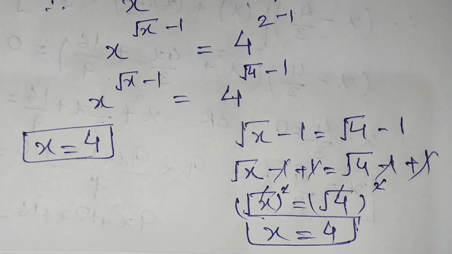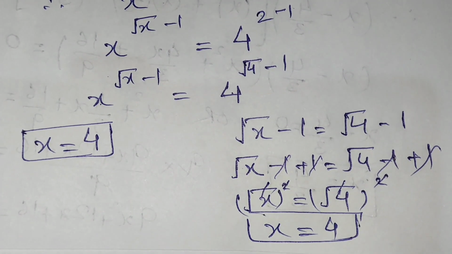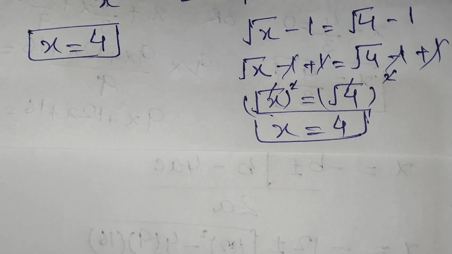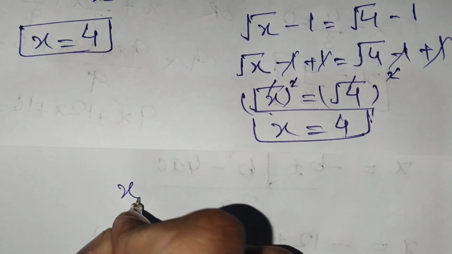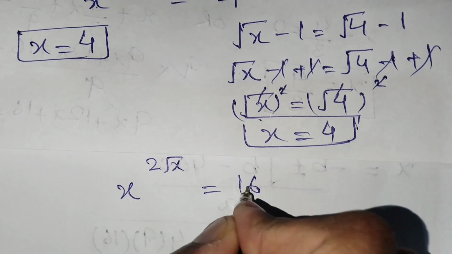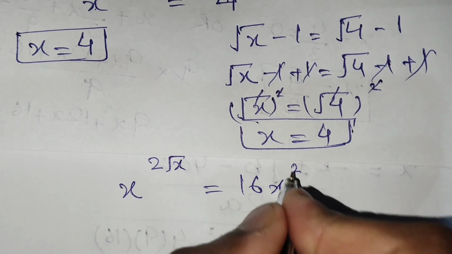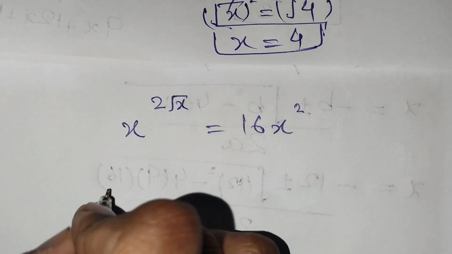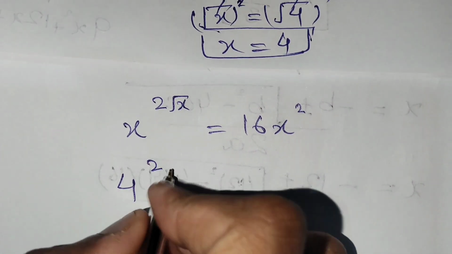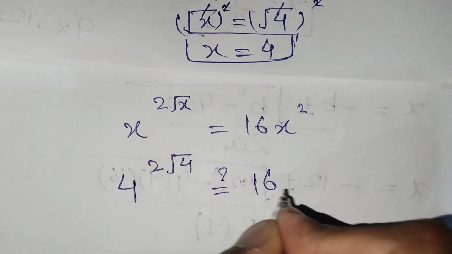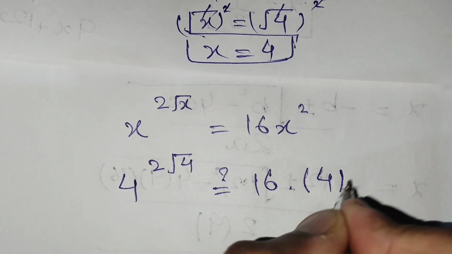Now we have to check this value of x by putting it back in our given equation. So we will verify that we have the equation x power 2 times square root of x is equal to 16x square. Now we will replace x by 4. So it will be 4 power 2 times square root of 4 equal to 16 times 4 square.